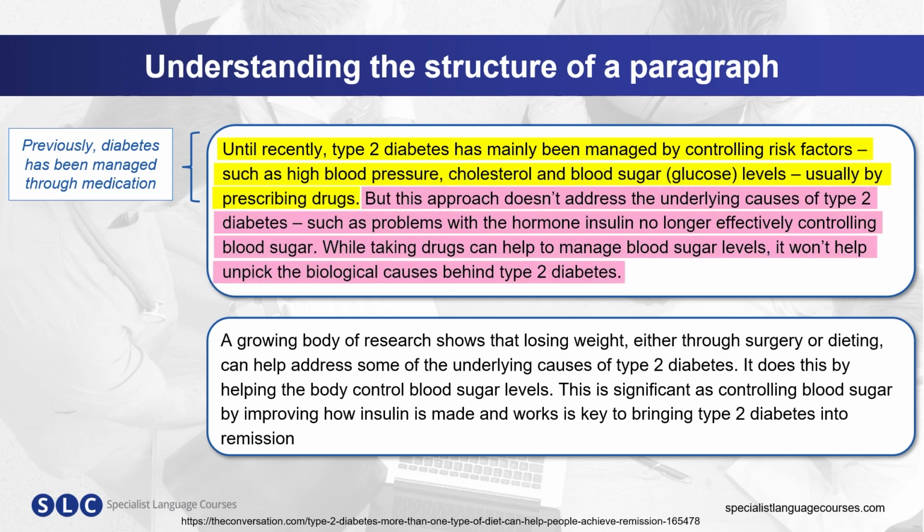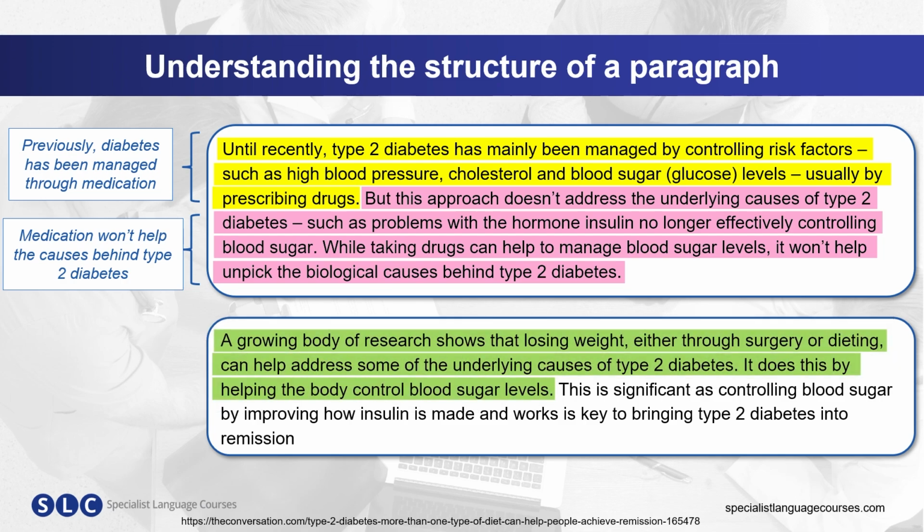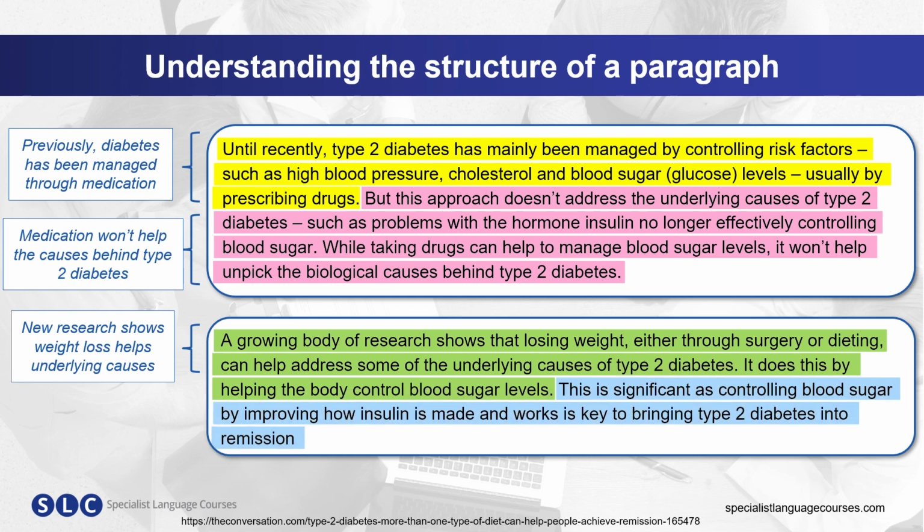In the second section of the paragraph, the writer discusses how medication won't help the causes behind type 2 diabetes. In the next paragraph, the topic sentence introduces the idea that new research shows weight loss helps underlying causes. The last section of the paragraph explains how and the importance of doing this.